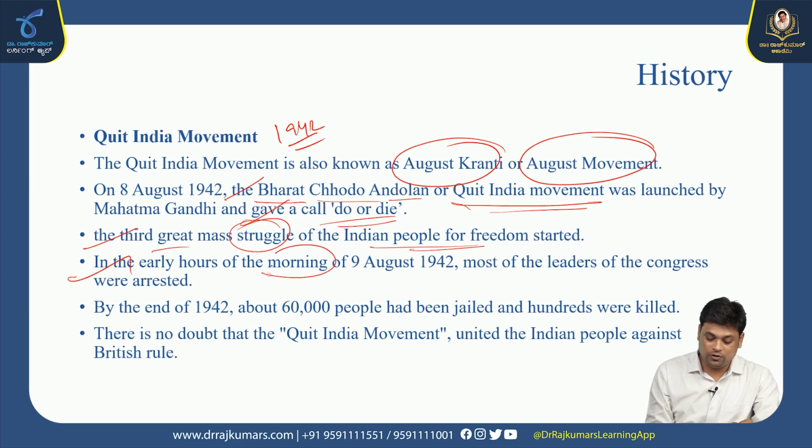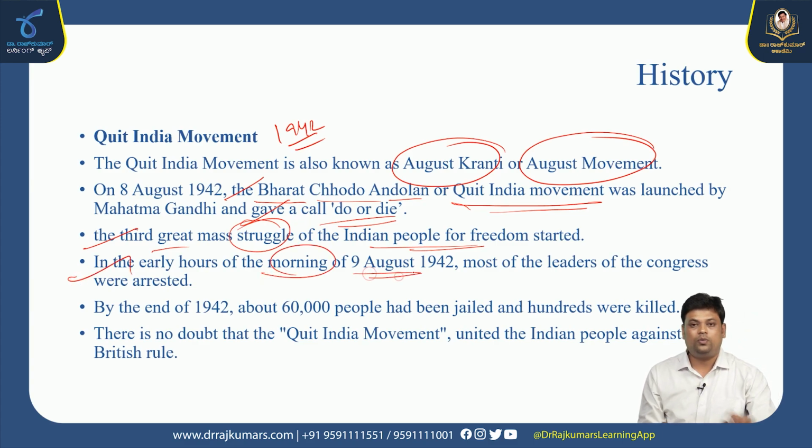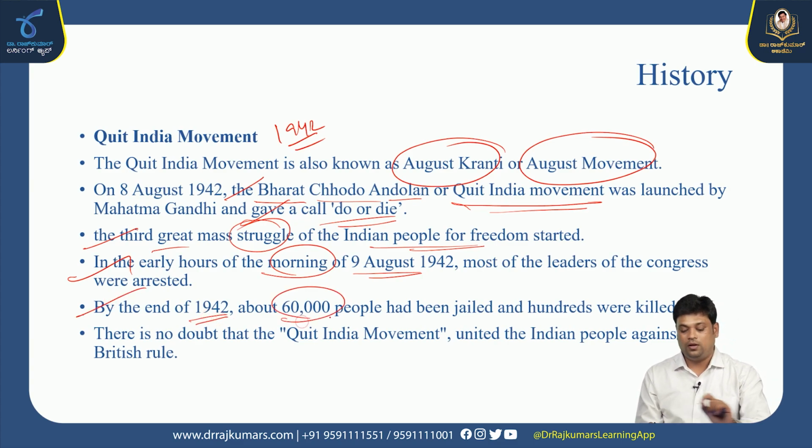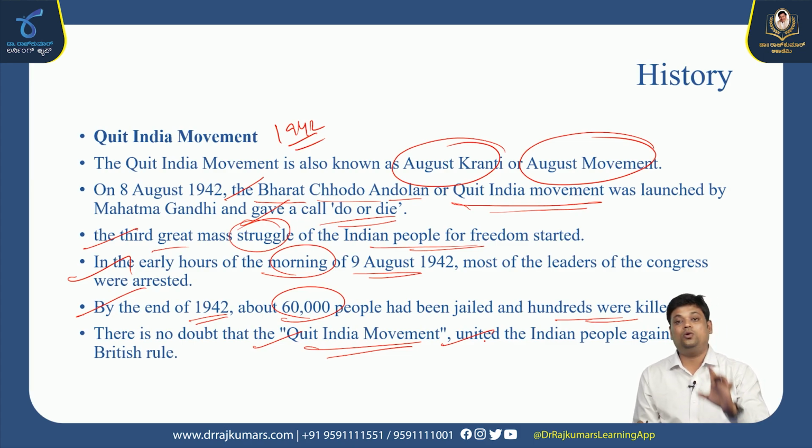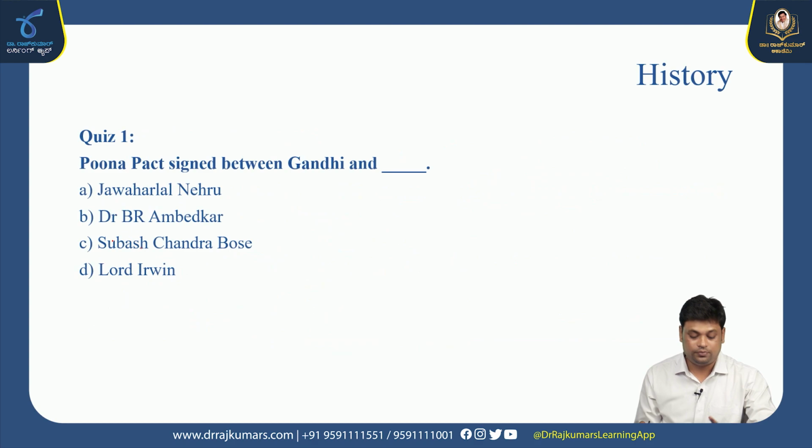In the early hours of the morning of 9th August, most of the Congress leaders were arrested. By the end of 1942, about 60,000 people had been jailed and hundreds were killed. There is no doubt that the Quit India movement united the Indian people against British rule. It was the first leaderless movement and the first successful movement, because it continued till our independence.